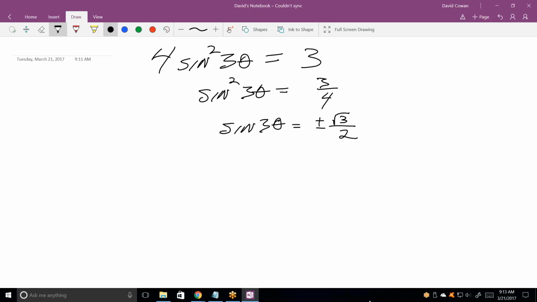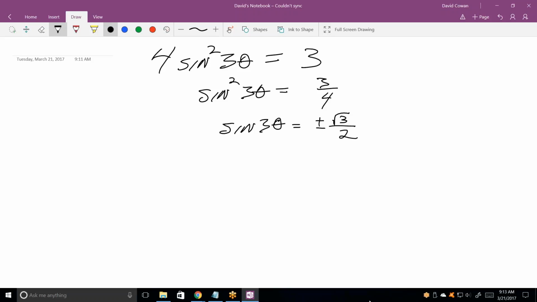See why? Because the square root of 3/4 is root 3 over 2. Also, that's one of your magic numbers, in other words, that's one of your answers for your unit circle all the way around. 1/2, square root of 3 over 2, square root of 2 over 2, those kind of things.